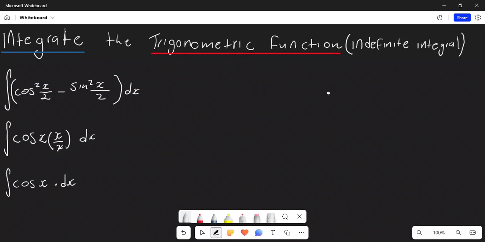So let's find the integral of cos. If you can go back and check the formula, if you say the integral of cos nx, what is the integral of that?